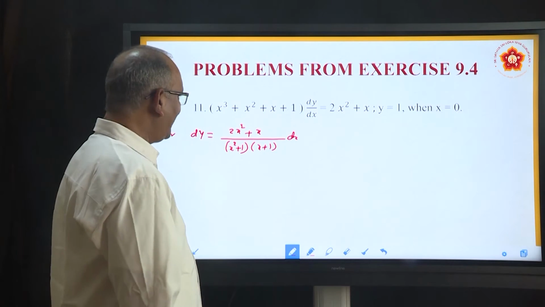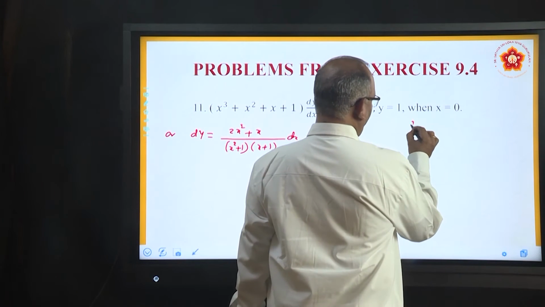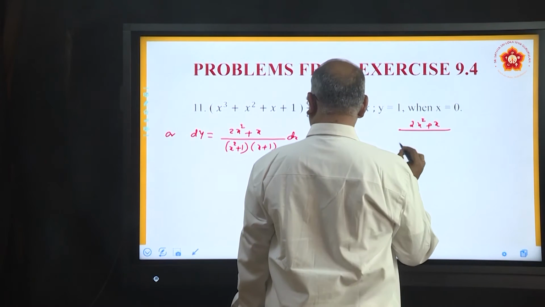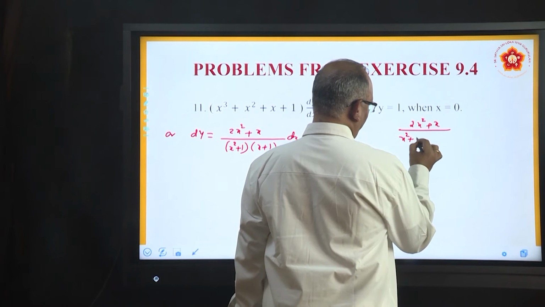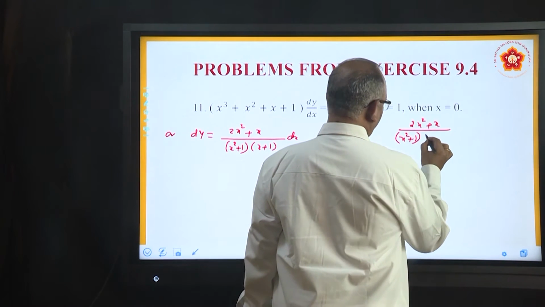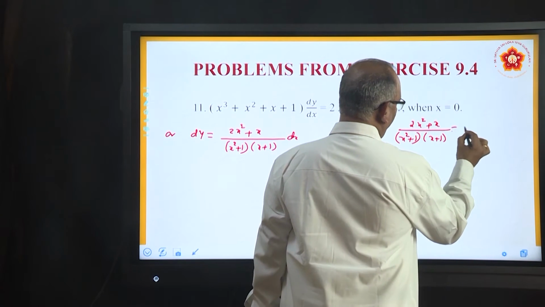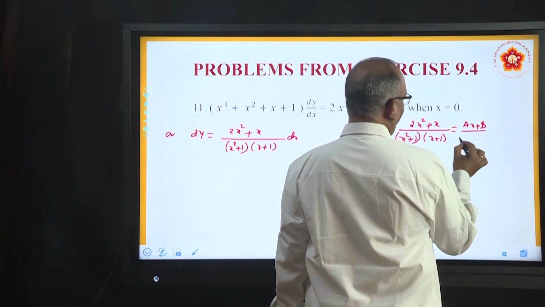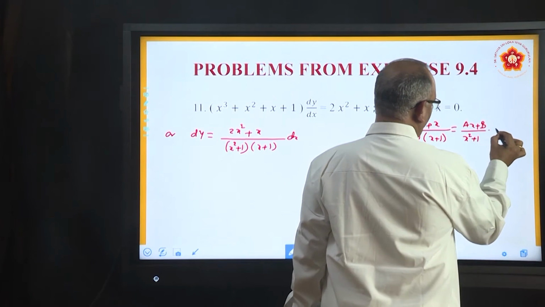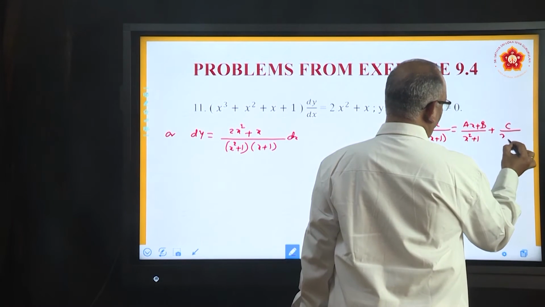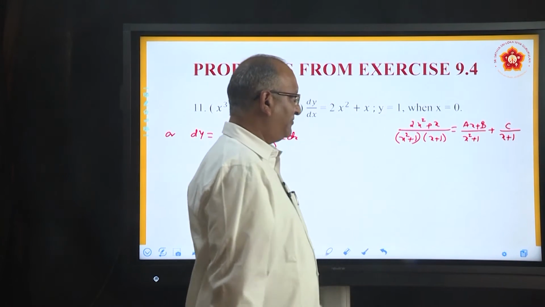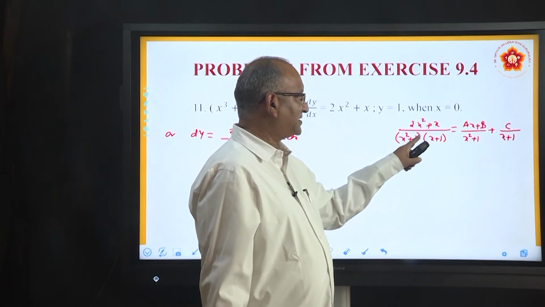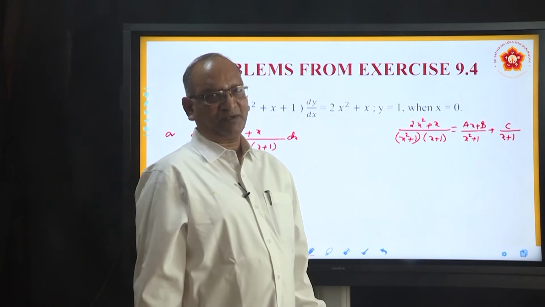Just take it separately, that is 2x square plus x upon x square plus 1 and x plus 1 can be written as ax plus b, because it is quadratic, plus c upon x plus 1 because it is linear. Whenever there is a quadratic factor, we take it as ax plus b. So, ax plus b by x square plus 1 plus c upon x plus 1.